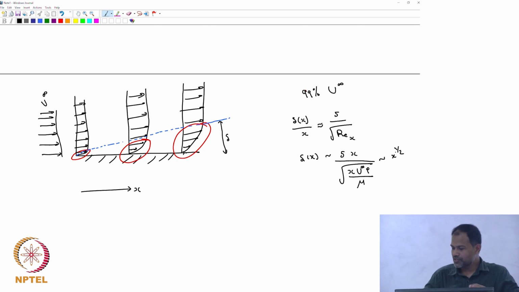As we said, as soon as the fluid touches the leading edge, only that fluid particle that is touching the leading edge will experience the effect of the solid plate. Everywhere else, it is still coming with the velocity of u infinity, right? But as it enters a little bit more, two of the layers will start experiencing it.